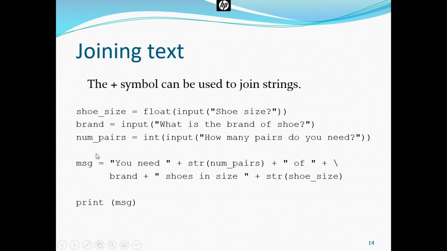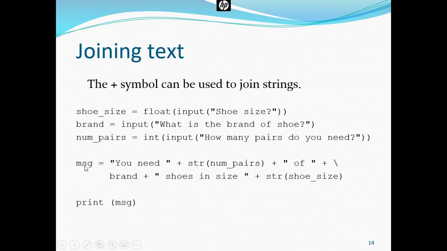The next variable will be number pairs, and it's an integer, but within the integer I'm asking the user a question. I'm converting the answer I get from how many pairs do you need into an integer. So if I type in 2, it will convert 2, instead of a string, because it's in quotes here, into an integer.